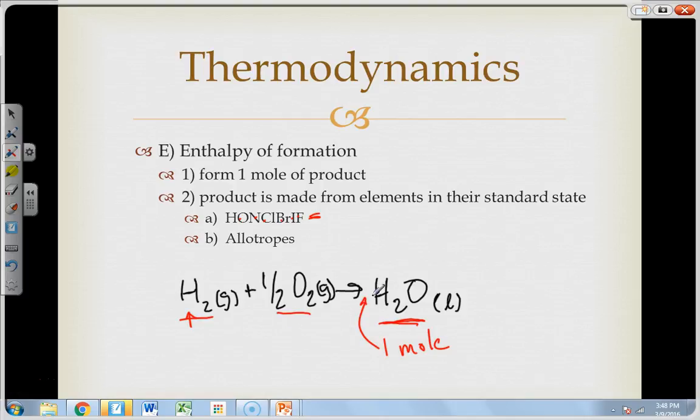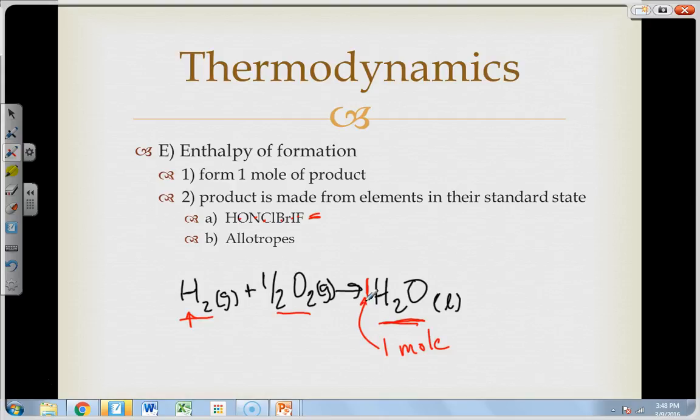And if this coefficient is going to be 1, that means we only need 1 oxygen, so we need a half here. So typically up to this point, we haven't really had to deal with coefficients of being a half, but a lot of times in thermodynamics, we will put halves in as the coefficient because we want 1 mole as the product. And so what is the reason for this?